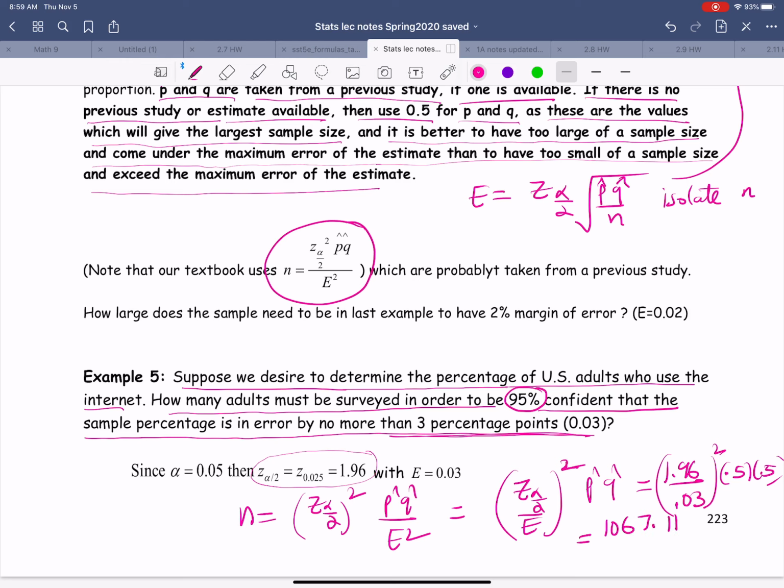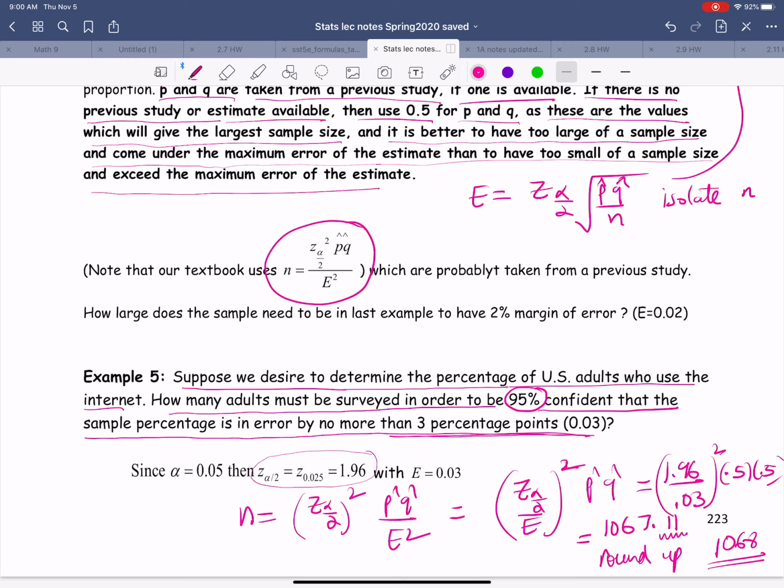1067.11. Now, one thing that's really important: anytime you're estimating a sample size, a number of people, if you get a fraction, always round up. Don't round to the closest number and don't follow the rounding rules, because if you did, you would round it to 1067.